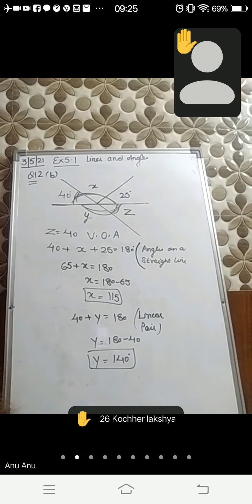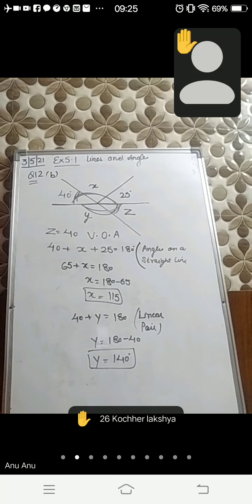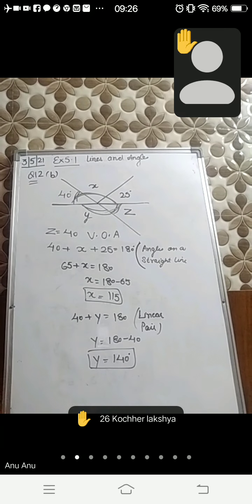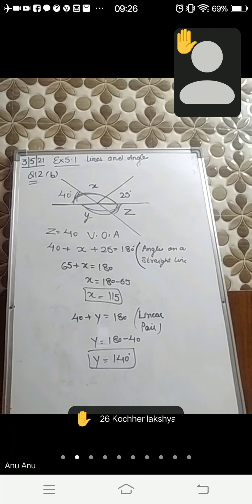But if more than two angles are there, then the angles will be on the straight line. Two angles forming a linear pair are supplementary. I have just spoken that if the sum of two angles is 180, you can say they are supplementary, or you can say they are forming a linear pair. The third blank is given: if the two adjacent angles are supplementary, then they form a linear pair.